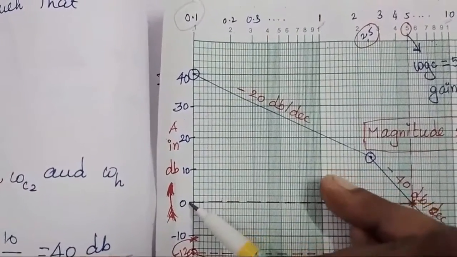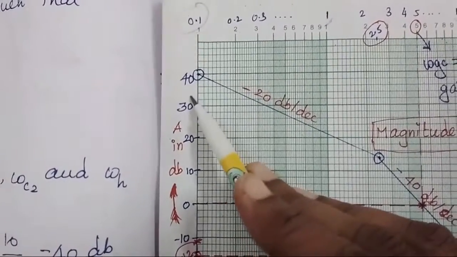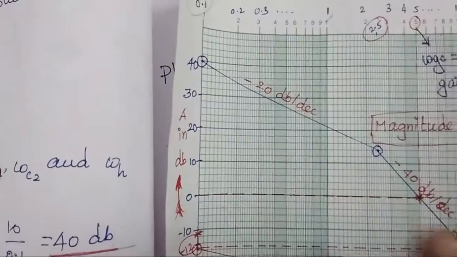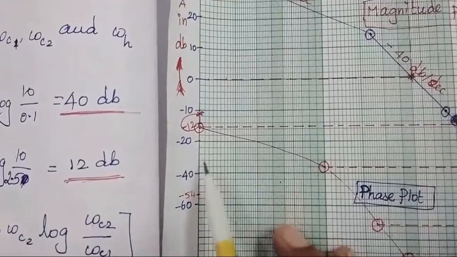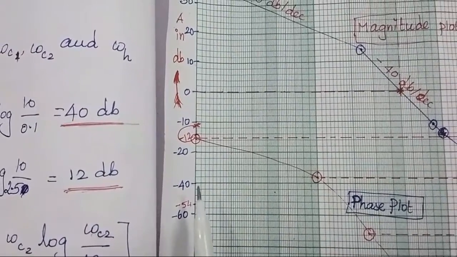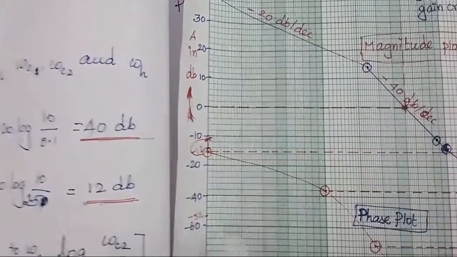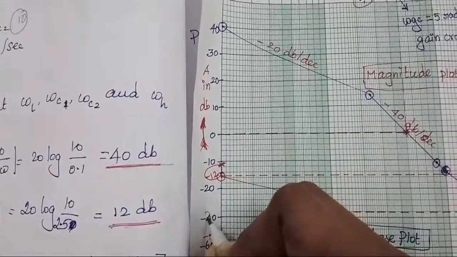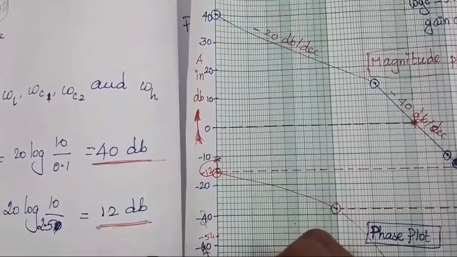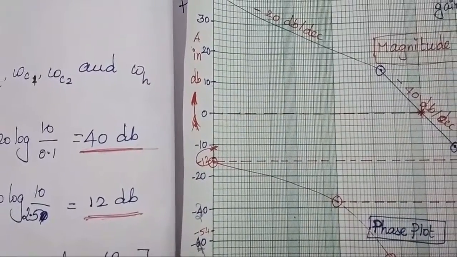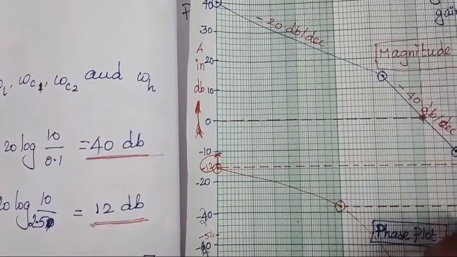Now I am choosing a 0 reference value, then plus 10, plus 20, 30, 40, plus values above the 0 line, then minus 10, minus 20, minus 30, minus 40 below the 0 value.